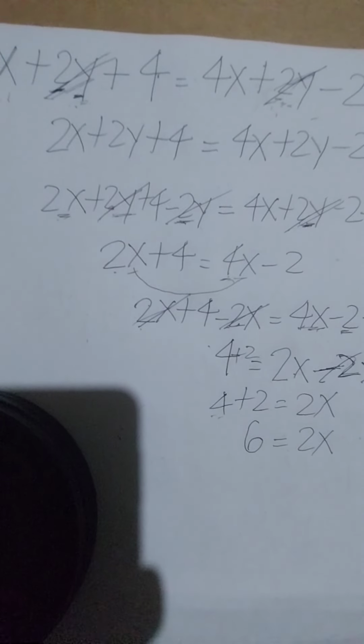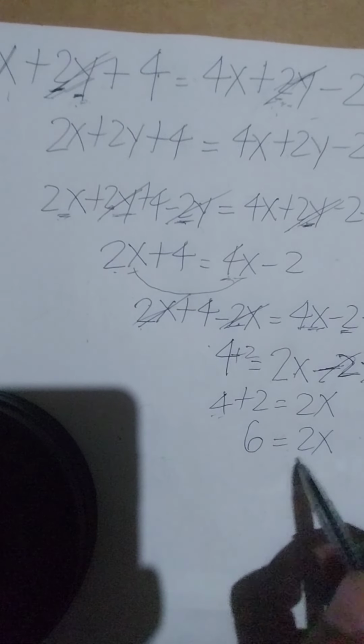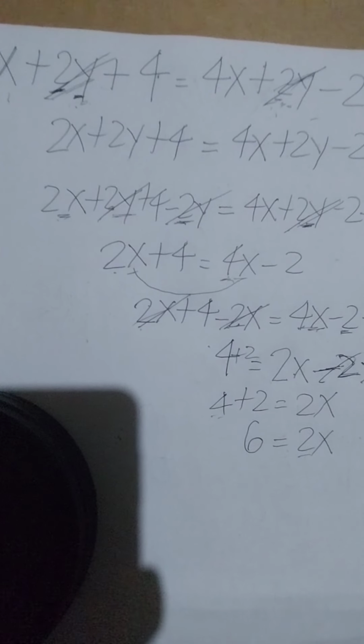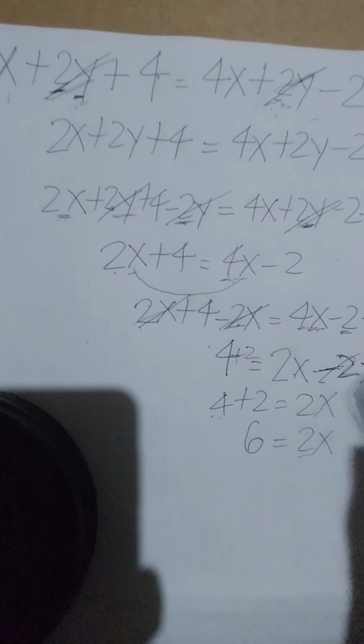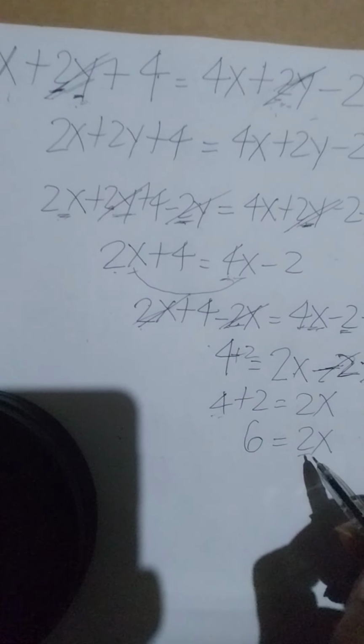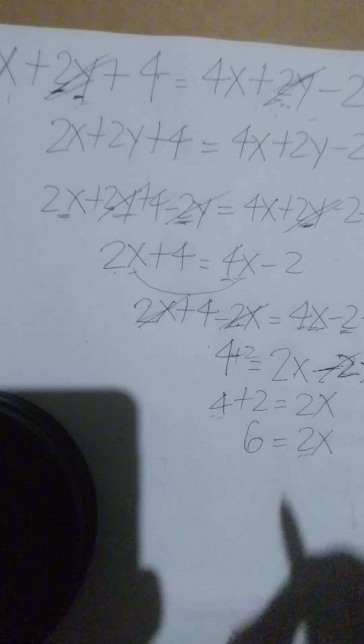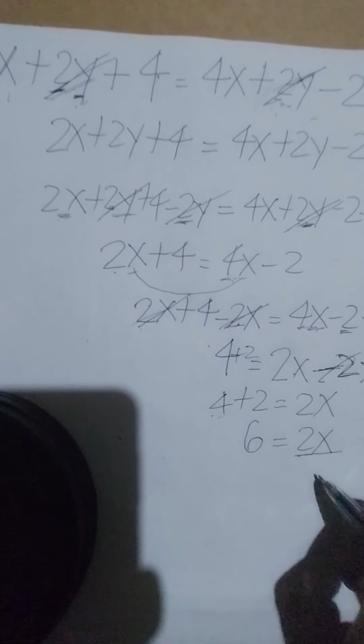Pero, if you encounter this kind of problem, class, okay, meron pa siya kasamang x. Diba, our goal natin is to make the variable alone in one side of the equation. You're going to make this x as a homogeneous equation. So, ang gagawin natin dito, i-divide natin both sides by 2. Okay? Bakit siya 2a divide?